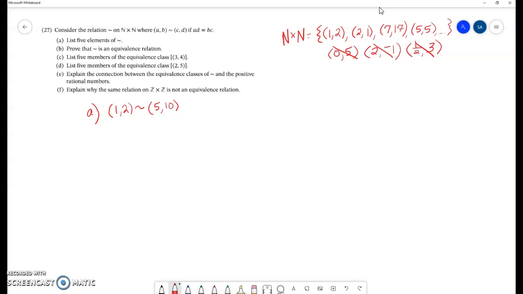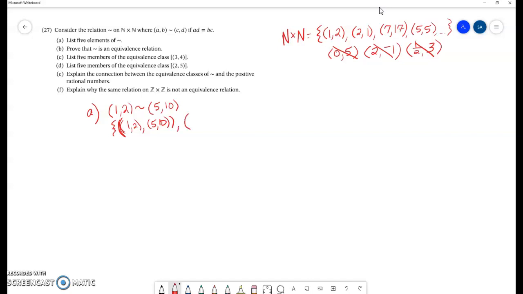You could write the element a couple different ways. One way would be to write (1, 2), a comma, and then (5, 10). So this itself is an element of the relation. Again, the relation requires 2 elements from your original set. Here would be the first element, here would be the second element.